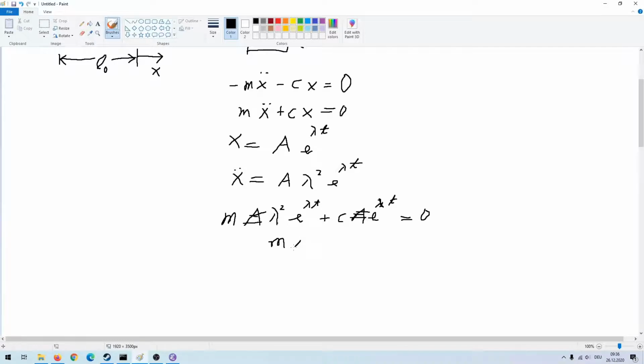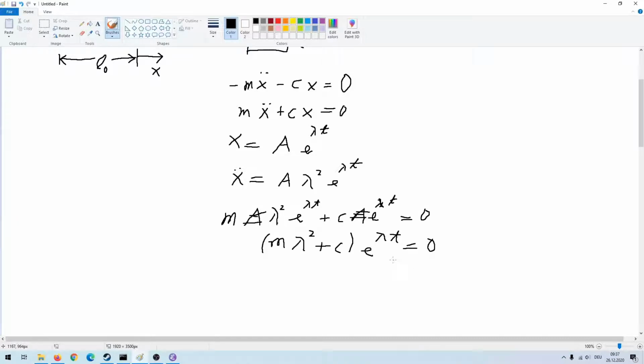So we have m lambda squared, but we can also see that we can factor out the e to the power of lambda t. So we get this equation. There we go, is equal to 0.